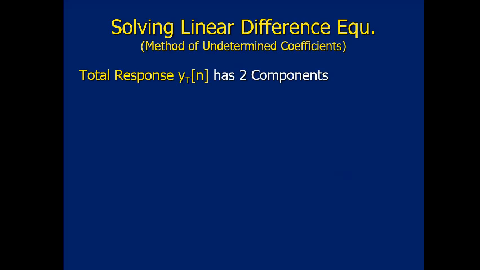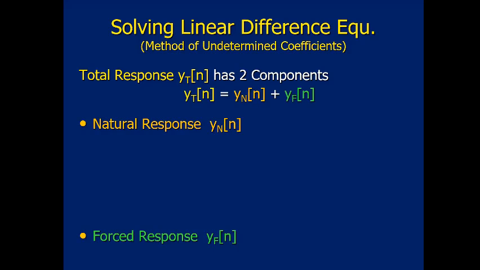We're going to be finding the total response of the system, and we usually determine that by breaking it up into two components. In the traditional way, we would break up the total response into the natural response of the system, which we'll call y sub n of n, and the forced response of the system, which we'll call yf. If I add those two pieces together, I get the total response.